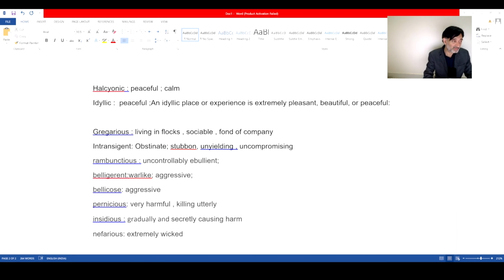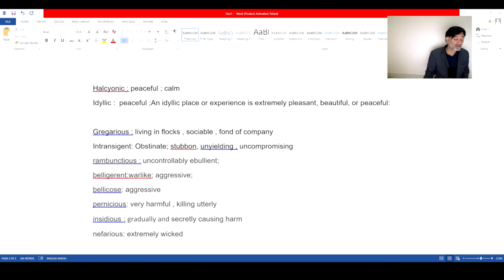Nefarious is extremely wicked. What is that? Wicked or criminal, evil, sinful, iniquitous, heinous. Right? A person can be nefarious, very wicked, morally very bad.